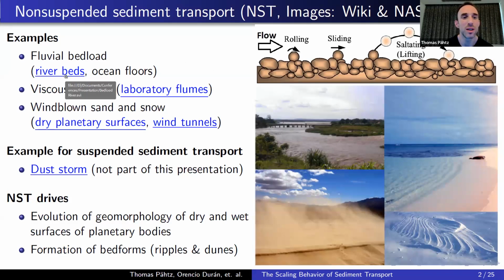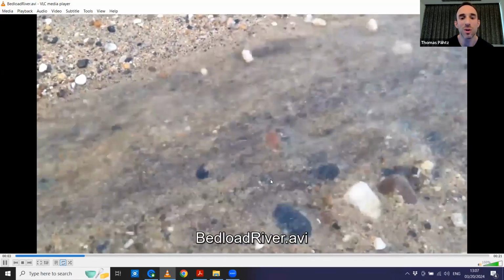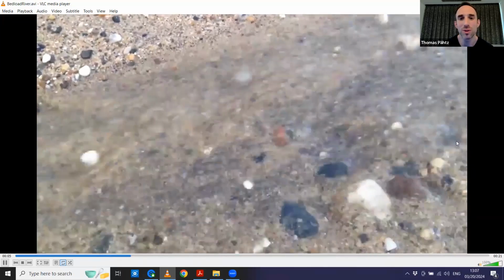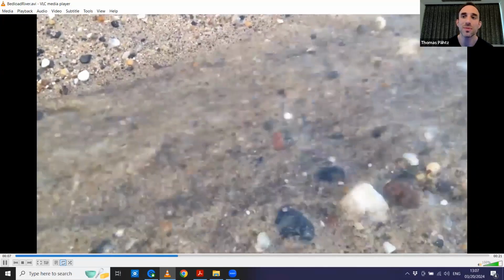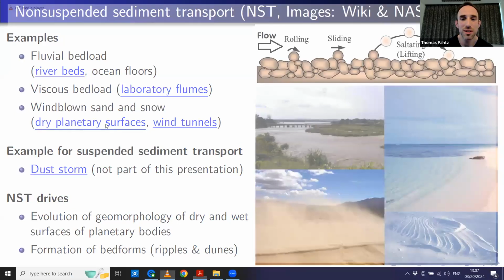Here you can see bedload transport by water in a river or in a small stream. Then you have this also at the coast by wind.